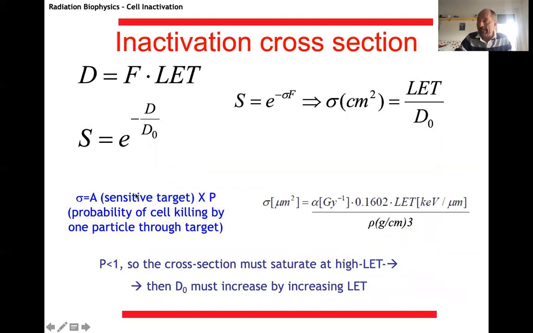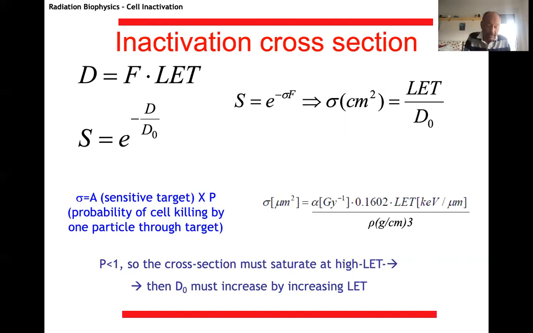The sensitive target, let's say that it is the nucleus, the whole nucleus, is the same, doesn't change. But what changes is the probability that one particle through the nucleus can actually induce a killing effect, say cell death. Why increase with LET? Well, we have seen before, now we are in the intra-track regime. You see, it's a linear dose-response curve. So we are only in intra-track.